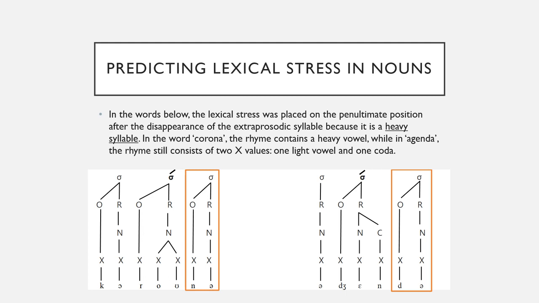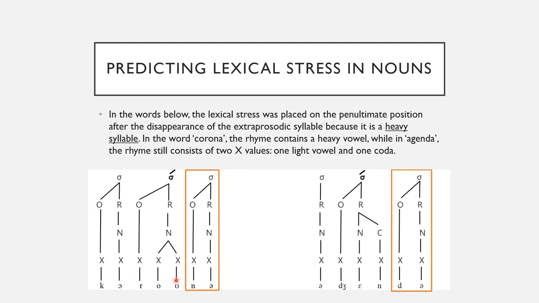In addition, in a three-syllable word, where the syllable in the penultimate position contains a heavy vowel, the heavy syllable also carries the lexical stress. In these words below, the lexical stress was placed on the penultimate position after the disappearance of the extra prosodic syllable because it is still a heavy syllable.